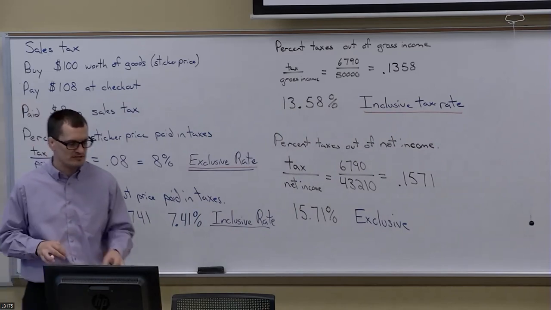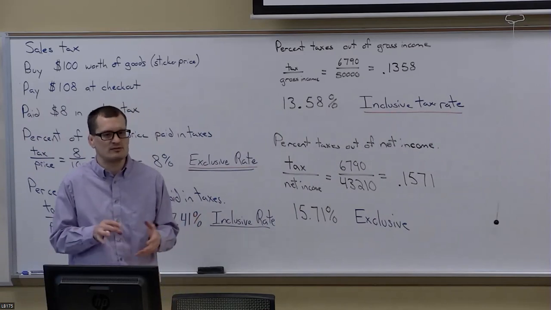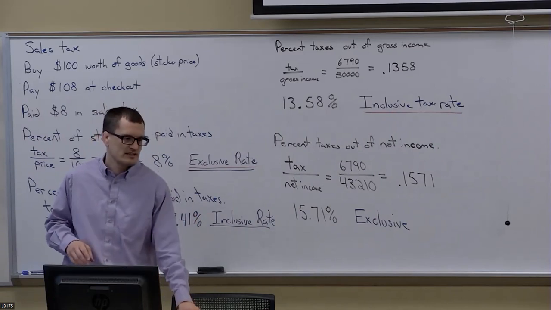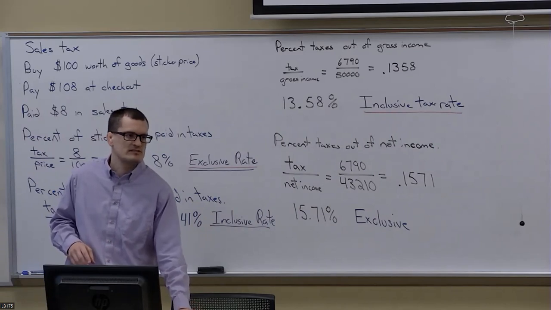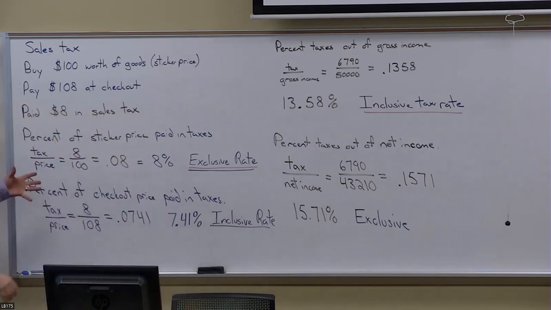Oftentimes when people say something like, well, we should replace the income tax with the sales tax, you say, well, what sales tax would that require? Well, the sales tax required, if it were an exclusive rate, would seem a lot higher than the inclusive rate that your income tax would be.